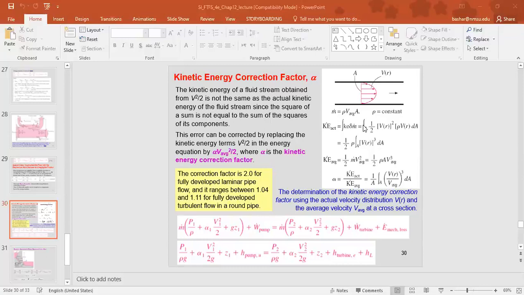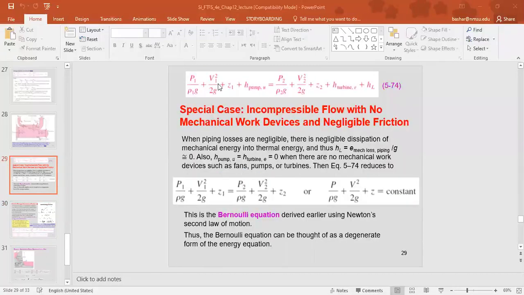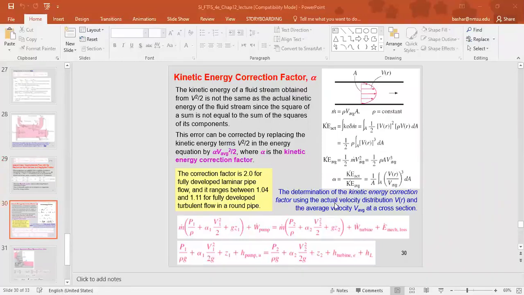Introducing the kinetic energy correction factor. Actually, in this equation and all the previous equations where the velocity term appears, we were assuming that this is the actual velocity, but it is really the mean velocity that we usually find and calculate.